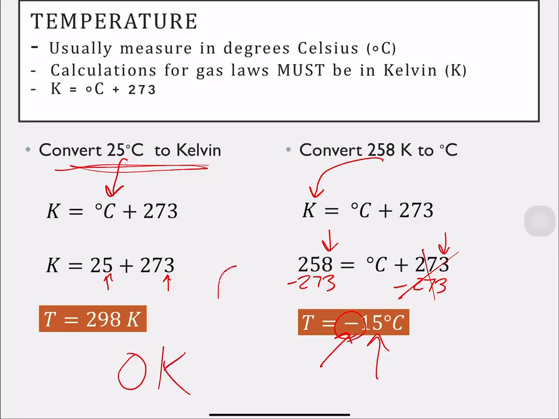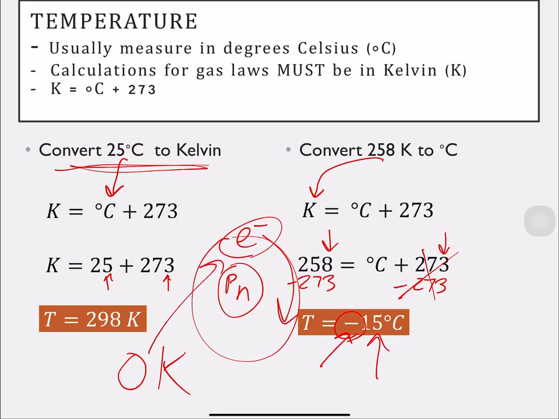And when you have an atom that has all its protons and neutrons in the middle, and then you have this area where these electrons are moving around, at 0 Kelvin, that electron stops moving. Everything stops moving at 0 Kelvin. Nothing has any kinetic energy at all. There's no movement.